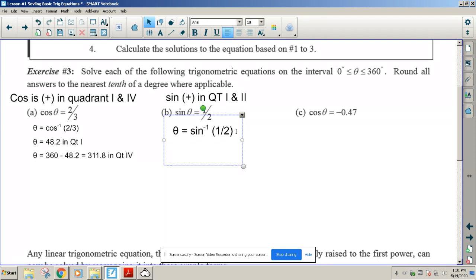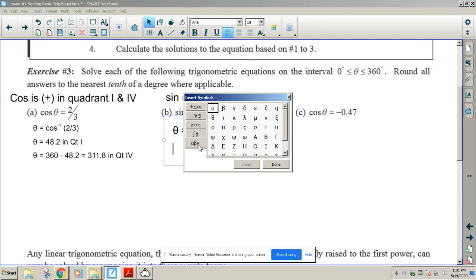So this is telling me that theta is 30 degrees in quadrant 1.